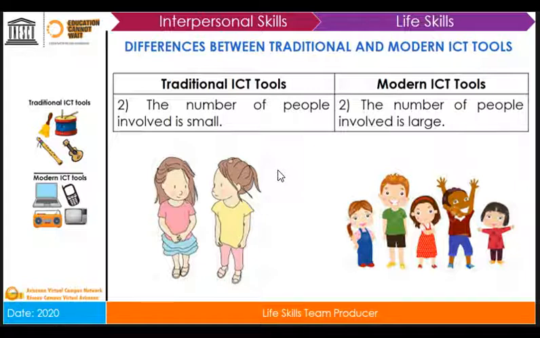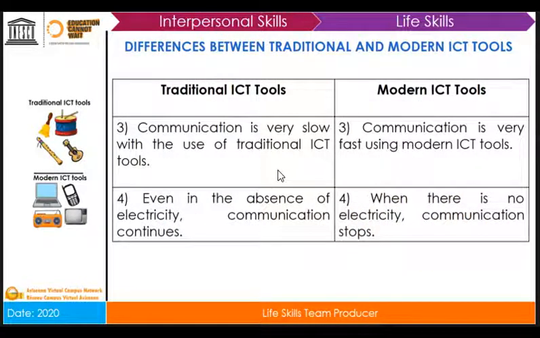Meanwhile, with the use of modern ICT tools, the number of people involved is large. The third difference is that for the traditional ICT tools, communication is very slow, while with modern ICT tools, communication is very fast.